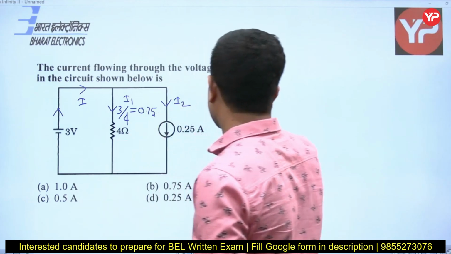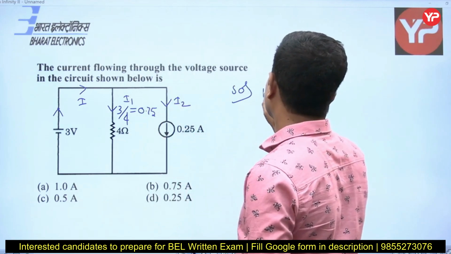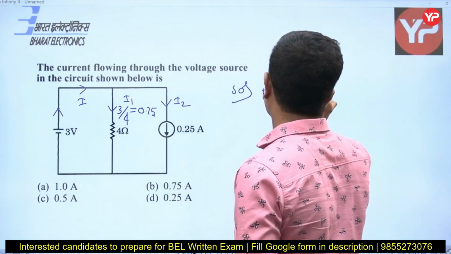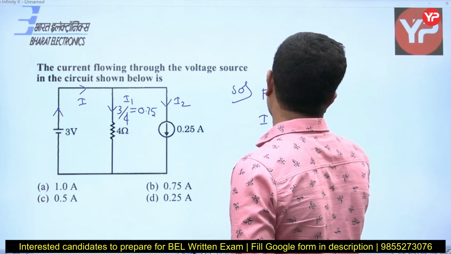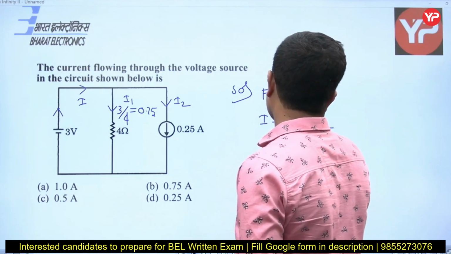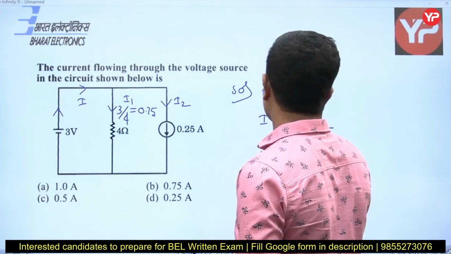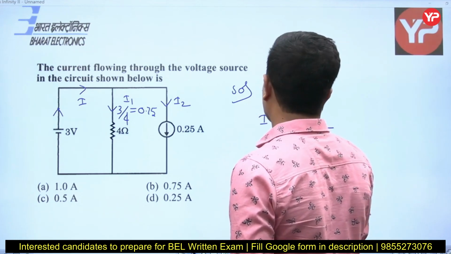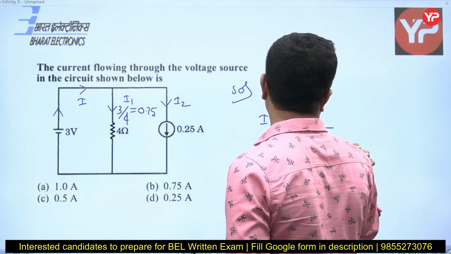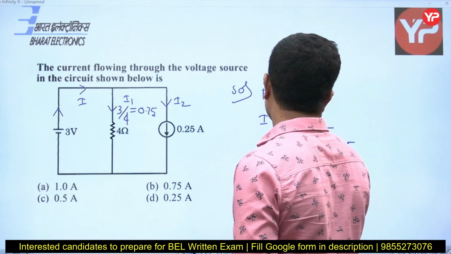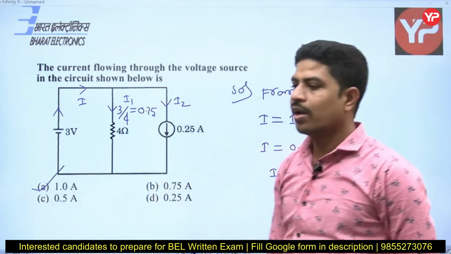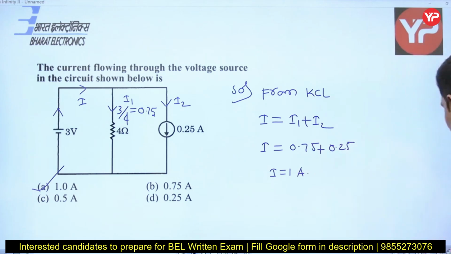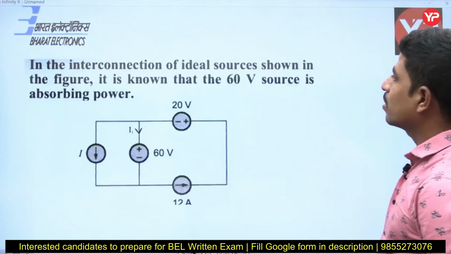According to KCL, I is equal to I1 plus I2. I1 is 0.75, I2 is 0.25. So I is simply 1 ampere. Yes. Let's go to the next question.